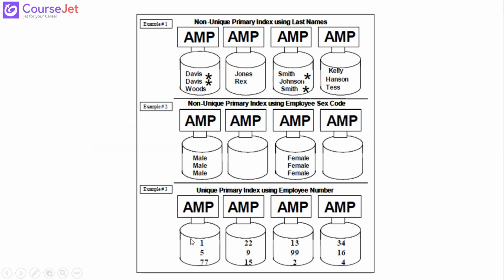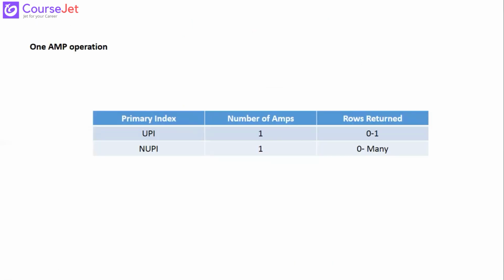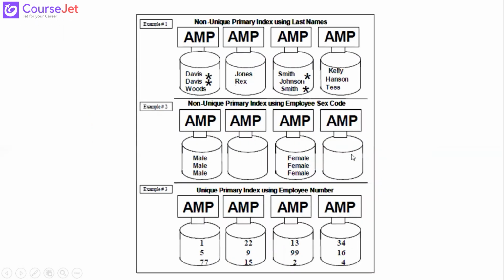Only one AMP will be working. Even in the case of NUPI, it's a single-AMP operation, because all the same row hash values will be in the same AMP. So when we do a select on Davis, only this AMP will be working.